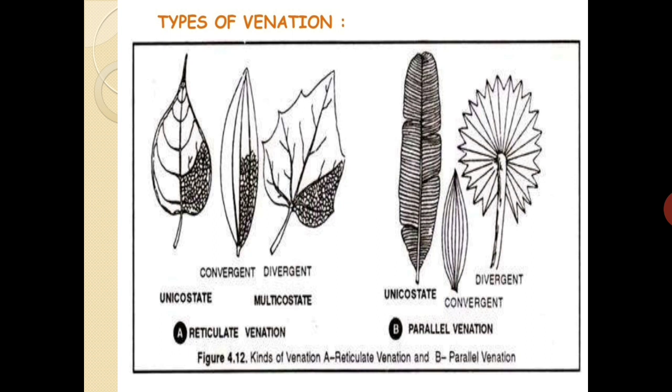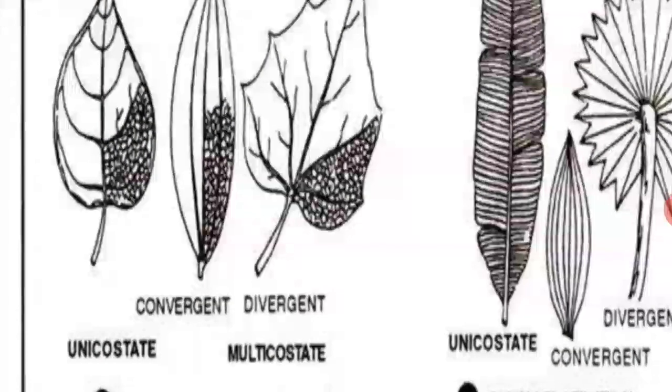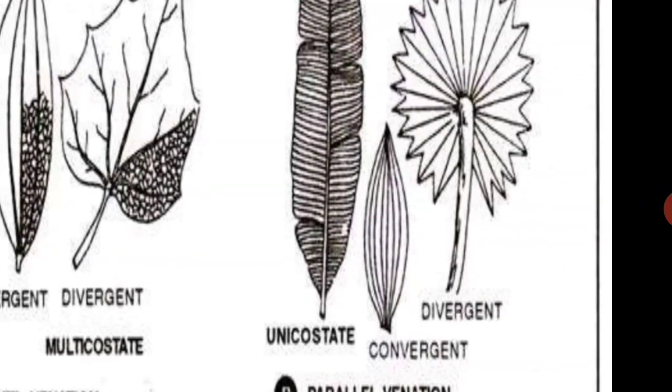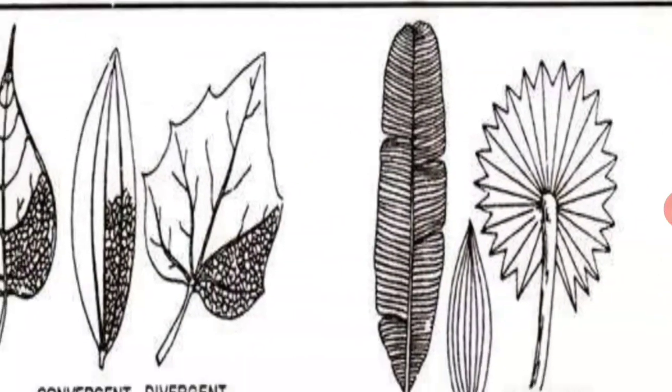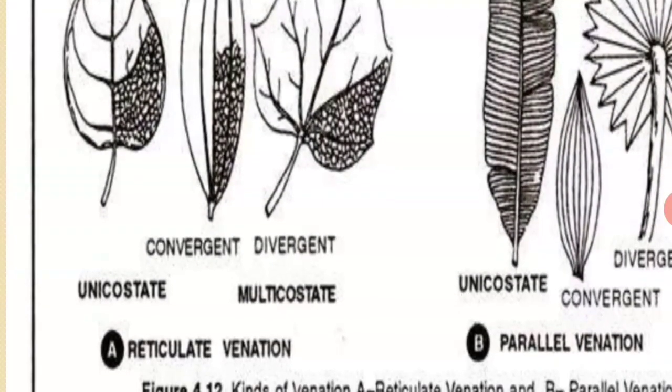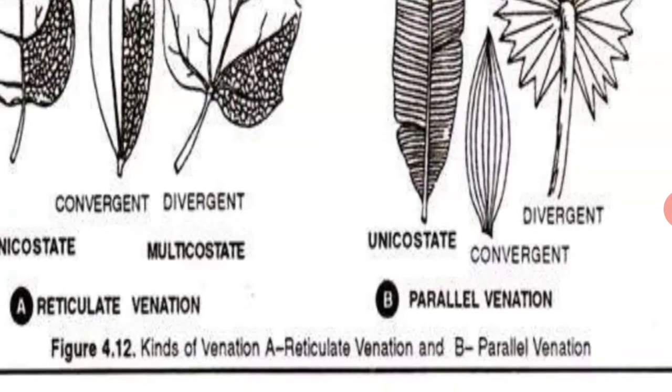Types of venation are there in this picture. One leaf is there, that is the convergent, divergent, two types of leaf. Unicostate, a single bending is there. Multicostate, so many bendings are there. And the unicostate is a parallel venation. These three pictures are the reticulate venation, and three pictures are the parallel venation.